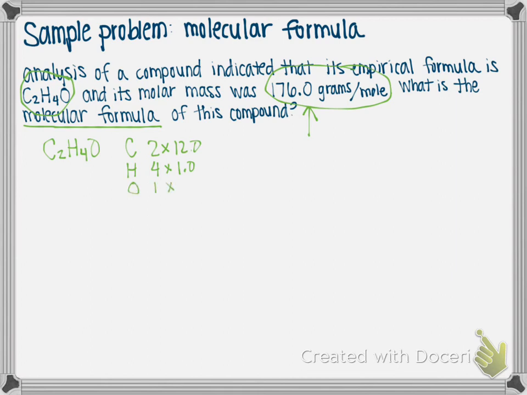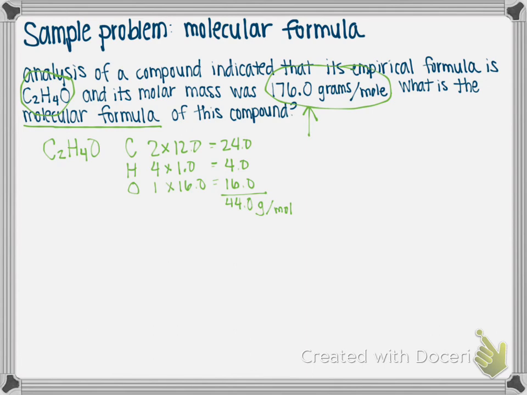Oxygen, 1 times 16.0. Add these together and you should get 44.0 grams per mole. Alright, so your empirical formula, C2H4O, has a mass of 44 grams per mole.